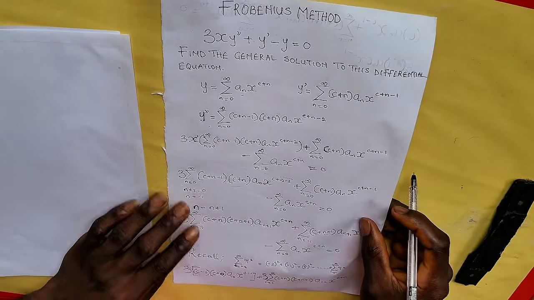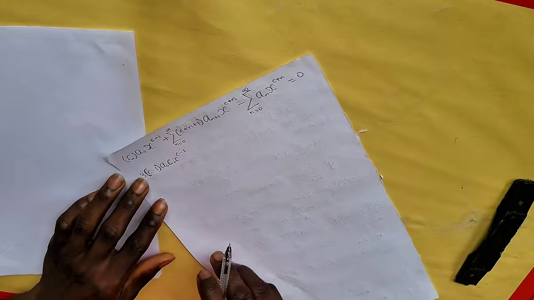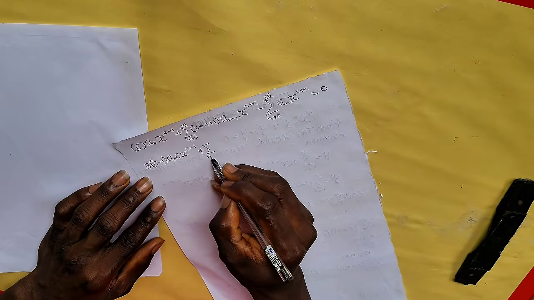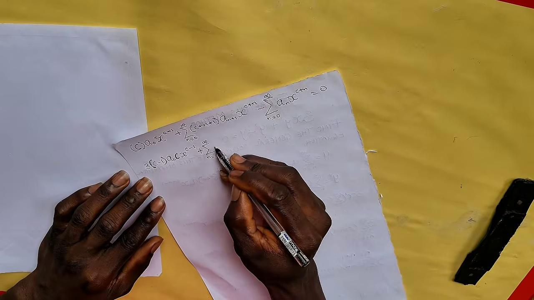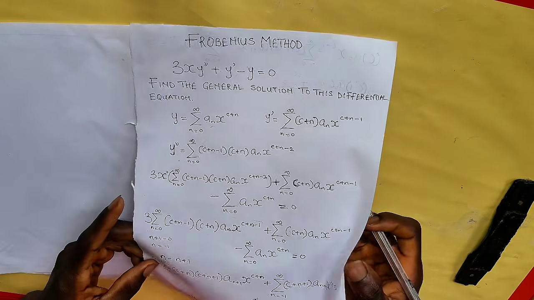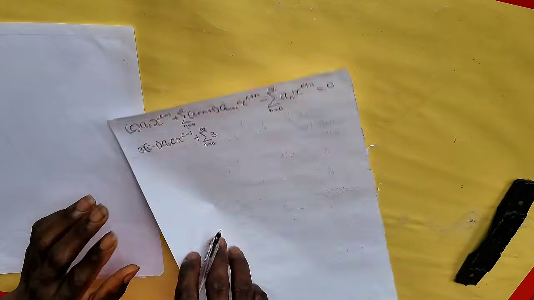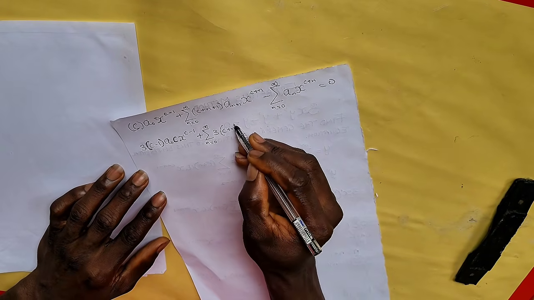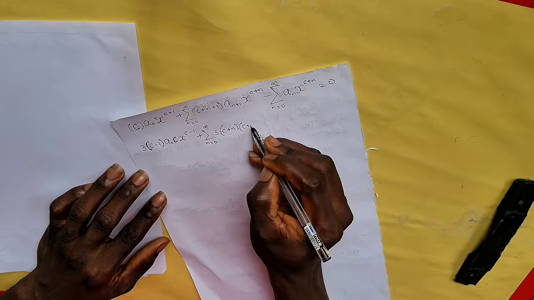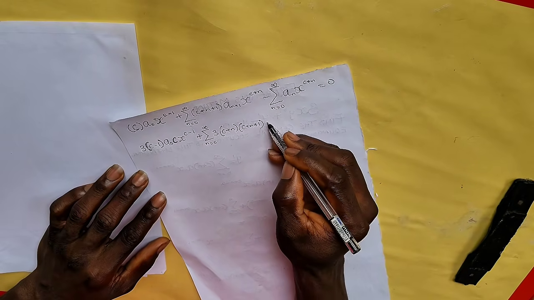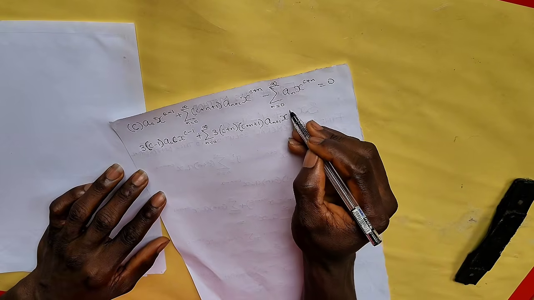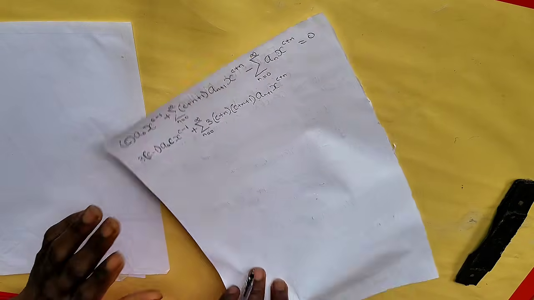Then we'll repeat this. Plus the summation of n equals 0 to infinity of 3 times (c plus n plus 1) a_(n+1) x^(c+n).